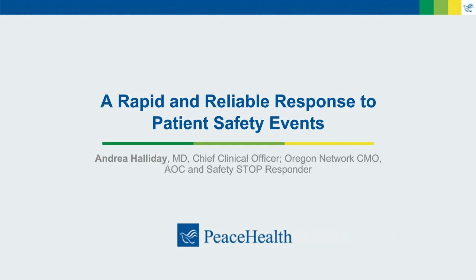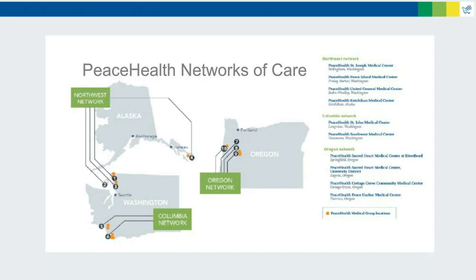So I'll just tell you a little bit about PeaceHealth. We are a healthcare organization that serves the Pacific Northwest. So we have clinics and hospitals in Alaska, northern Washington, southern Washington, and central Oregon. We're a Catholic organization.